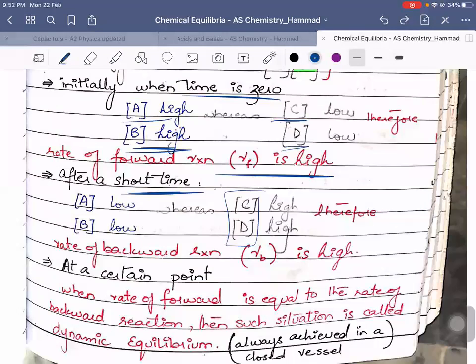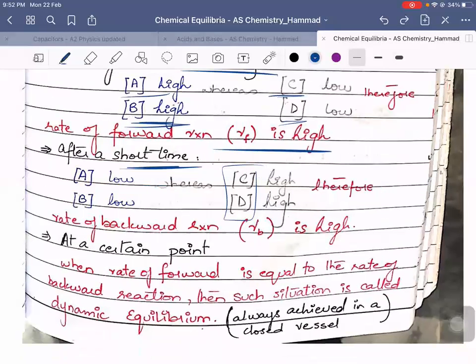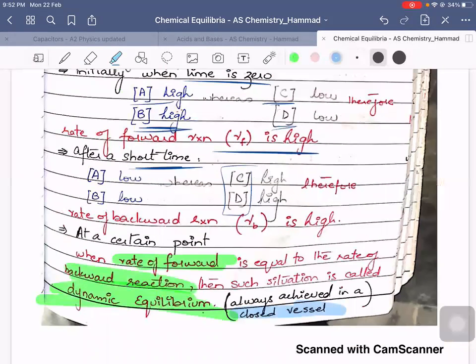Please understand that the point where the rate of the forward reaction is equal to the rate of the backward reaction is a situation called the dynamic equilibrium, and it will always be achieved in a closed vessel.